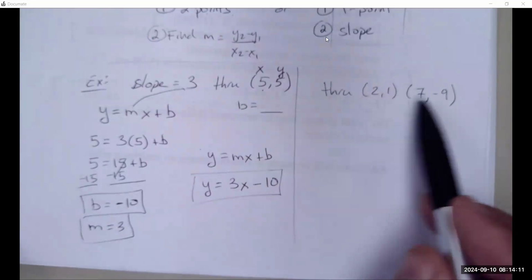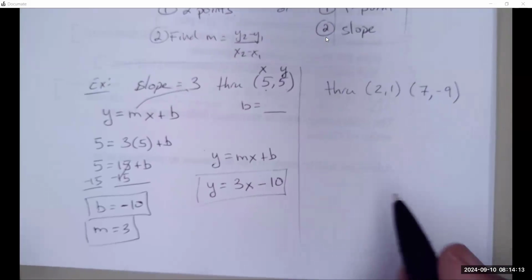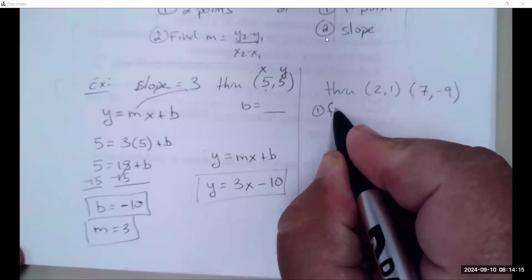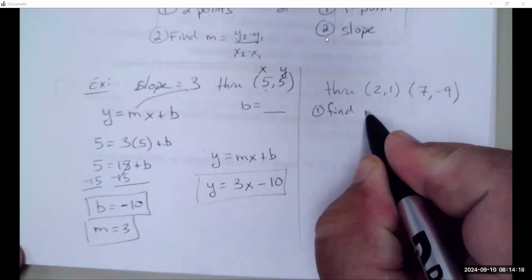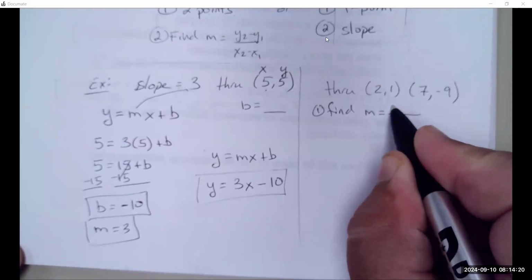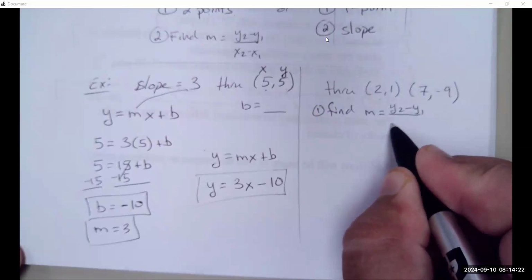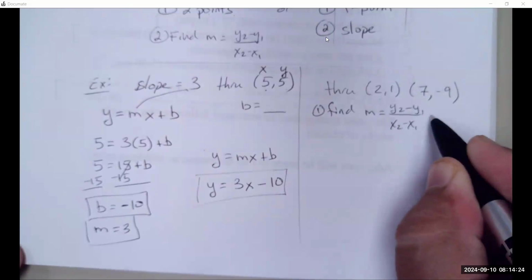As you said, if we have 2 points, our first step is to find the slope. y2 minus y1 over x2 minus x1.